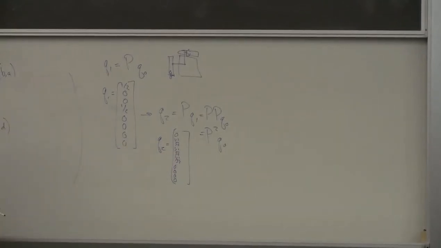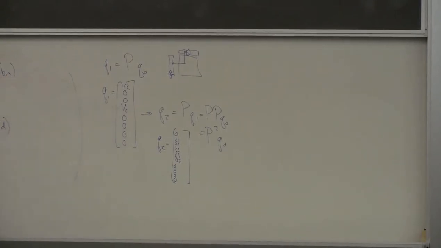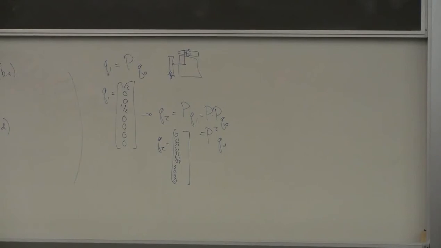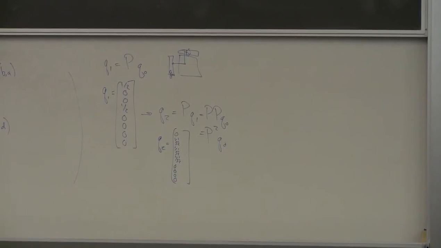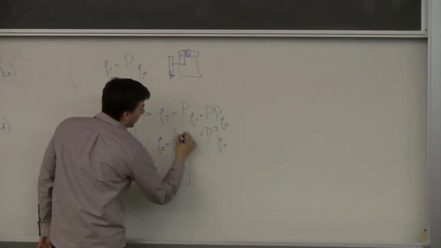Right? But I could have also come, half the time I also started out in state Q1 being in location D, which is up here, and from there I could have gone to B with probability 1/3, to A with probability 1/3, and to C with probability 1/3. Okay, so I'm going back to A, so I'm getting 1/6 here.